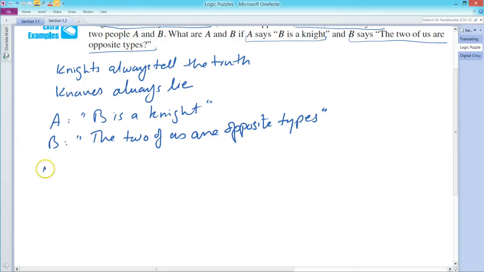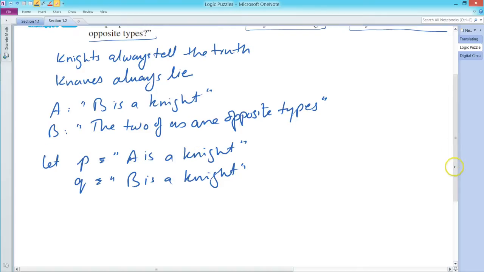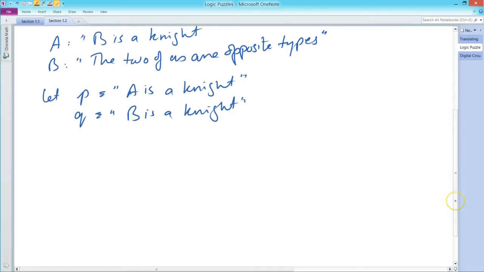Let me first of all define two variables, P representing the statement A is a knight, and Q representing the statement B is a knight. In my reasoning, I'm going to use P and Q as a shorthand for saying A is a knight or B is a knight respectively. So instead of writing A is a knight, I'm going to just use P for that, and instead of writing B is a knight, I'm going to use Q for that.